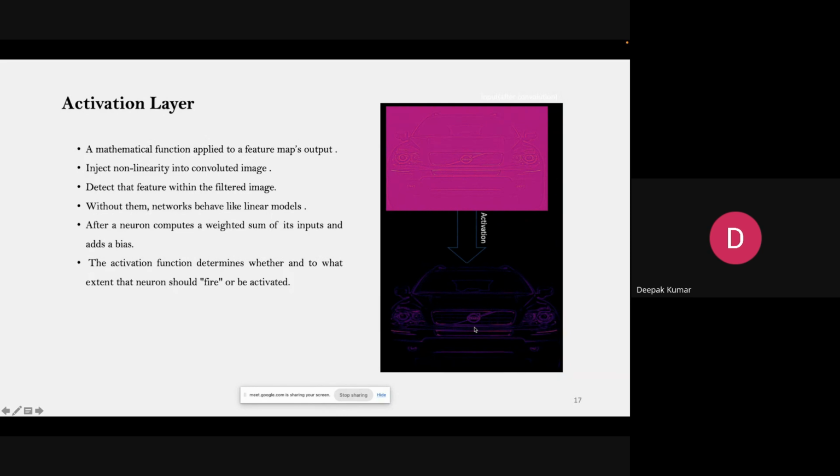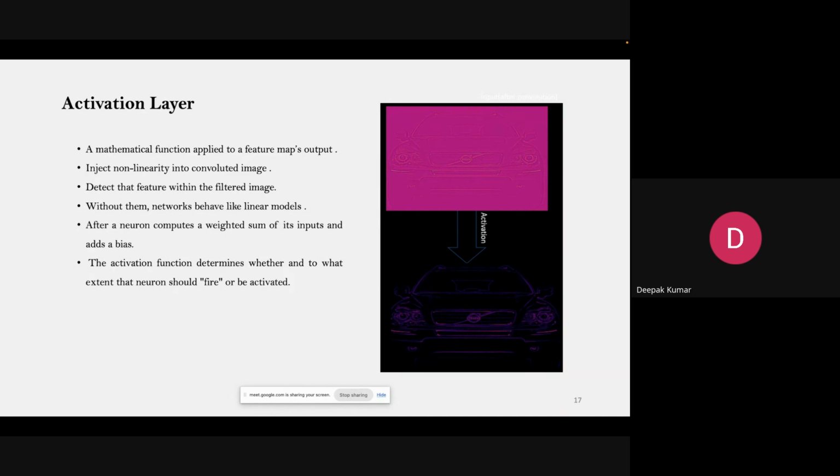It's not the absolute result, but just to depict the effect of the activation layer. Earlier, when we applied the convolution, it was a blurry kind of image, but we could see a few edges and other things. Here, if we apply it, we can see more clear edges and features.